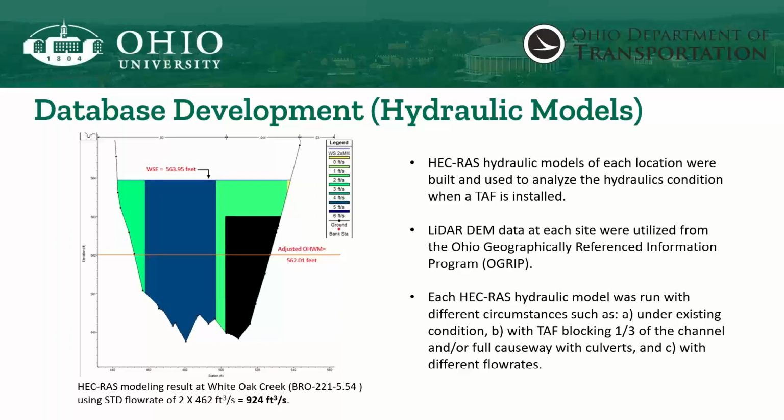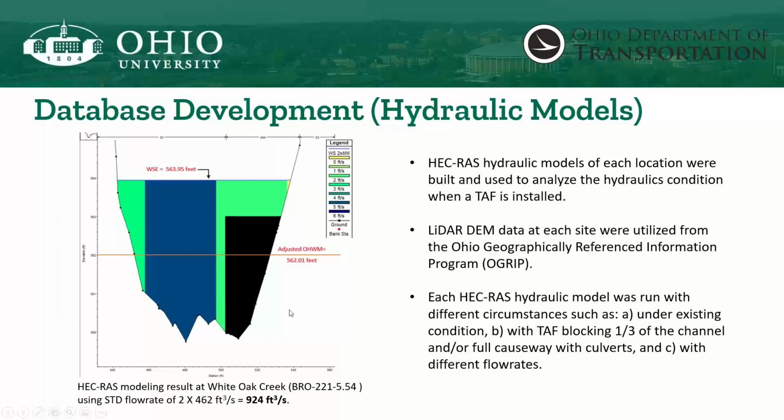On the figure on the left, it's a HEC-RAS 1D model of one of the more interesting sites in Ohio, Brown County, Wild Creek. This site is known to have very high velocity, even at lower recurrence interval events.